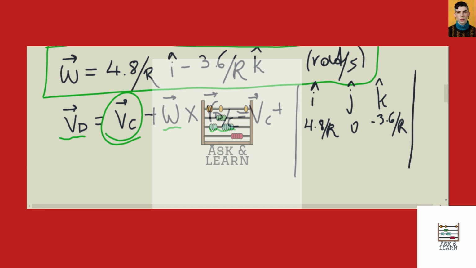And I hope it is obvious that the relative position vector for D with respect to C is just r. I mean, it might be obvious from the drawing.